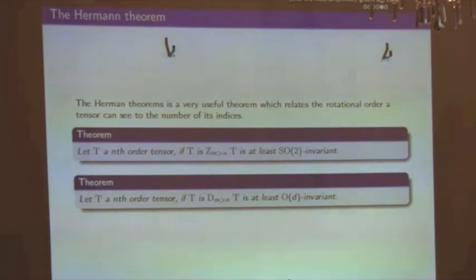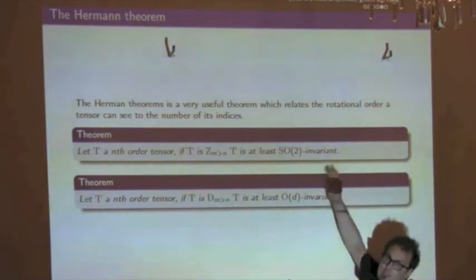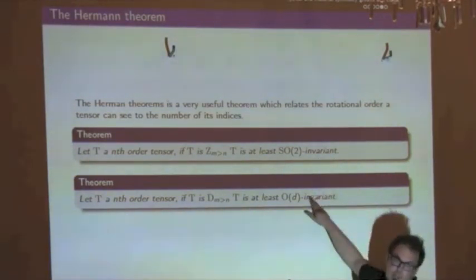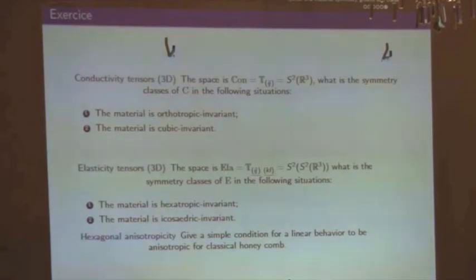And if you have more rotations than legs plus a mirror, you are isotropic. Here it's anisotropic because you don't have a mirror, and here it is isotropic because you have a mirror. That seems a bit trivial, but you can deduce a lot of things without making any computation.